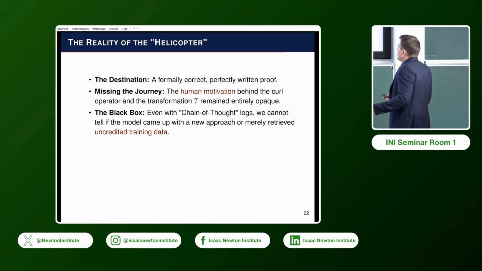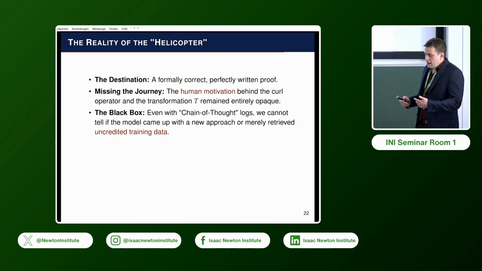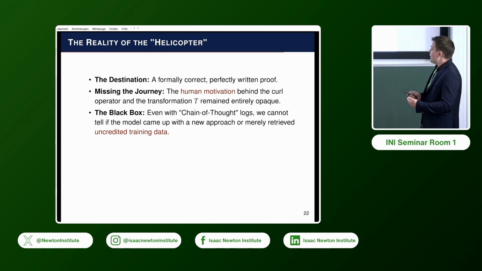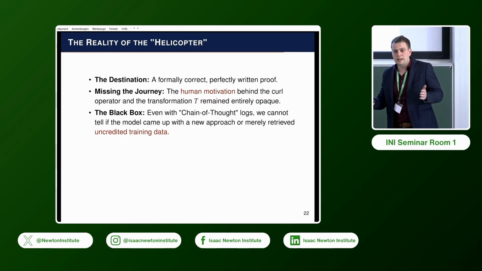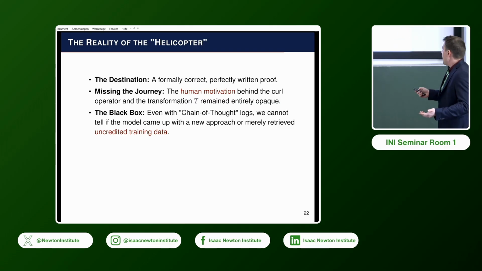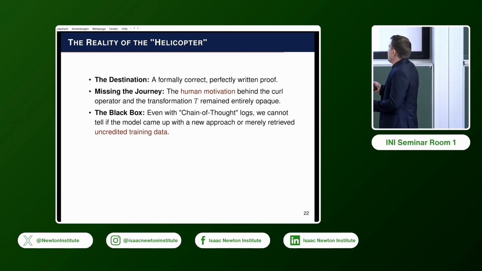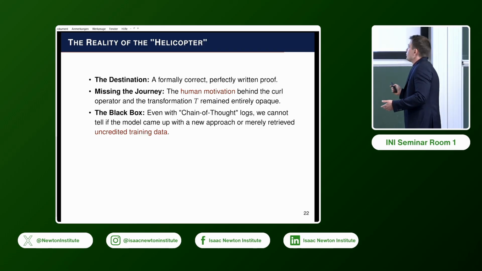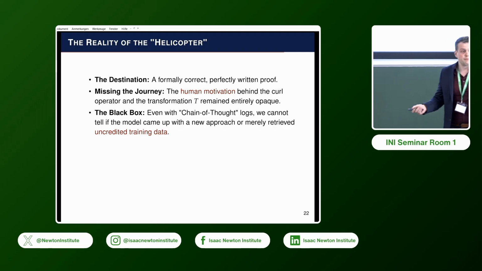I think an even bigger problem is the chain of thought logs, which couldn't tell us at all how the model arrived at this kind of solution. We could not tell, just by reading its proof and the data it provided, whether this was a new approach or something from the literature.